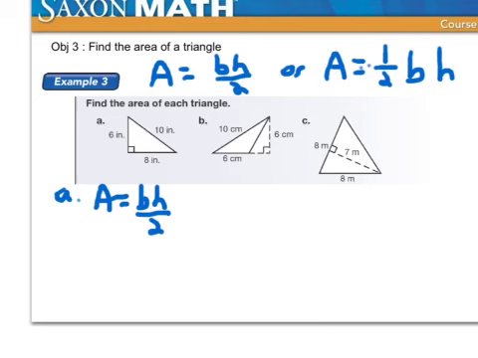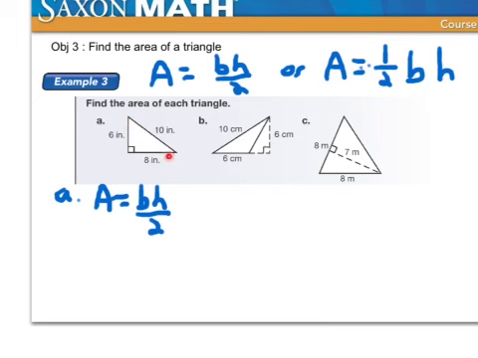Okay. Now the base is always the side that forms a 90-degree angle with the height. Okay? Remember we said the height has to go straight up and down. So if you look at A, the easy one to pick out is the height. The height's right here. It goes straight up and down. Okay? And the base is always going to be the one that forms the 90-degree angle with the height. So that's this side right here.